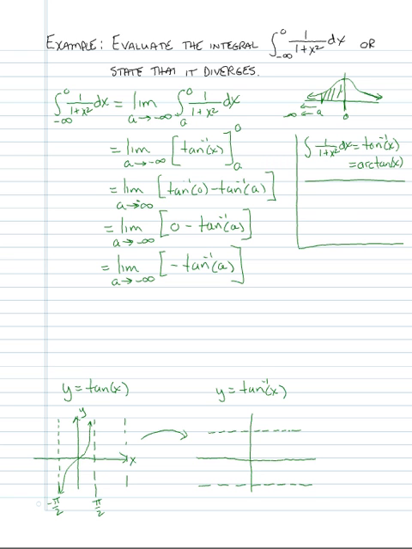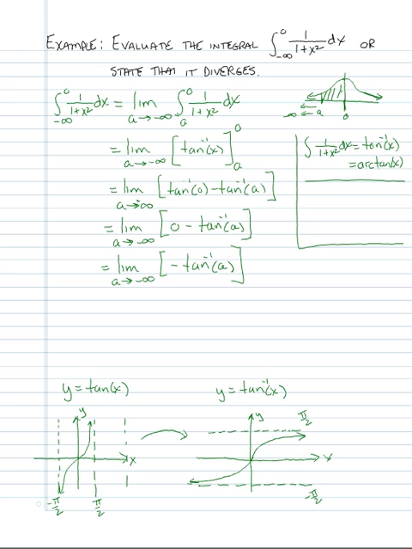So this horizontal asymptote is at the y value of negative pi over 2, and this horizontal asymptote is at the y value positive pi over 2. And if you recall what this graph is going to look like, when we look at the inverse, it's going to look like this. Okay?